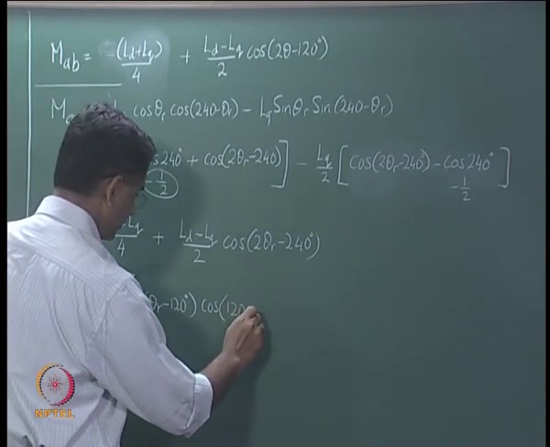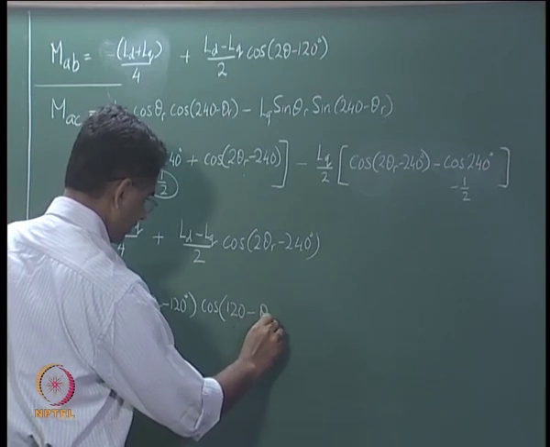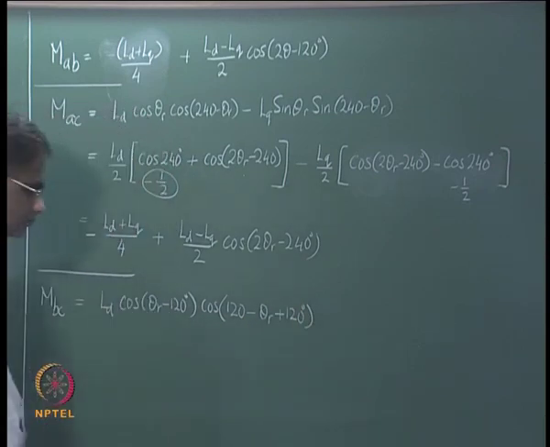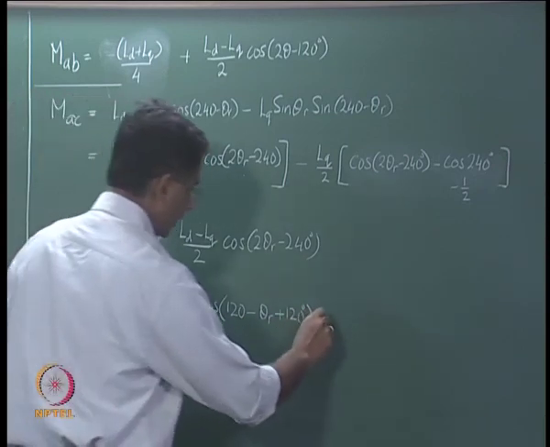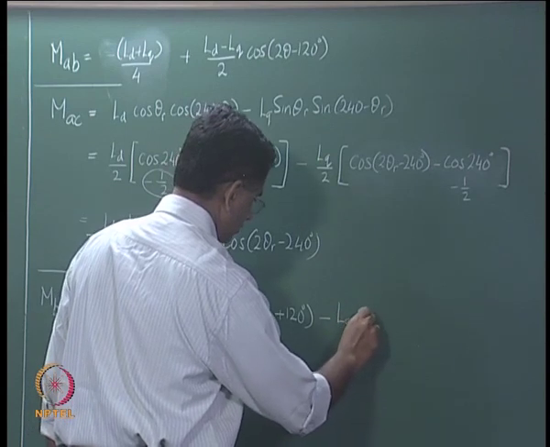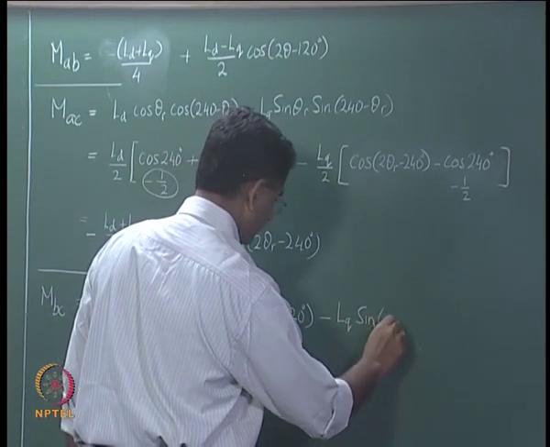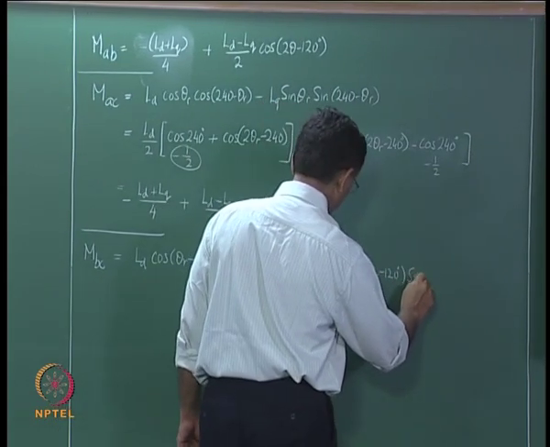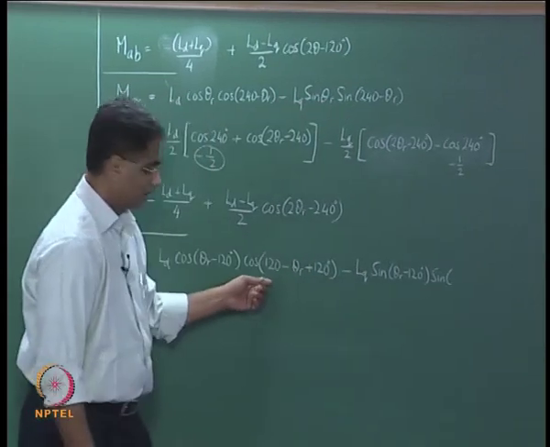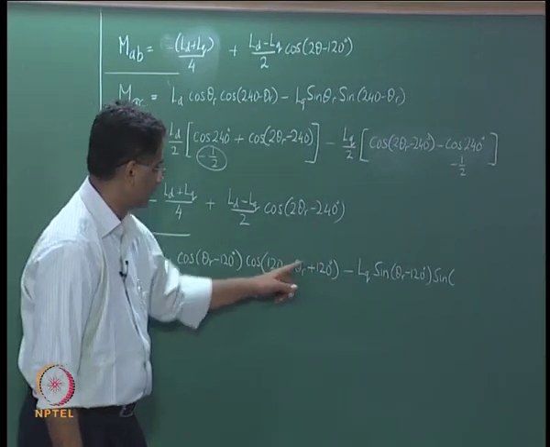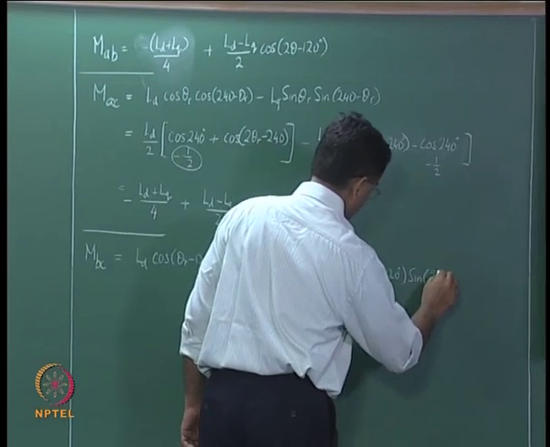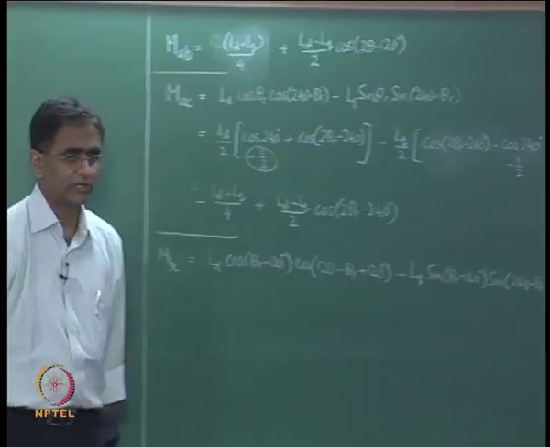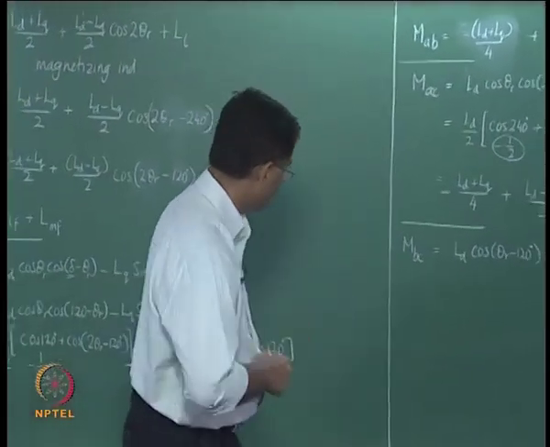So 120 minus theta r plus 120 degrees, and then minus LQ sin of theta r minus 120 degrees into sin of this expression, and that is nothing but 240 minus theta r. So 240 minus theta r. So that is your expression for the mutual inductance between B and C phases.